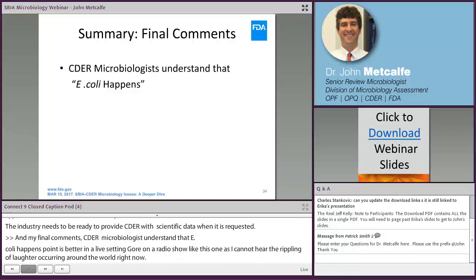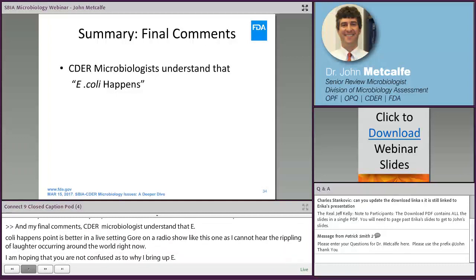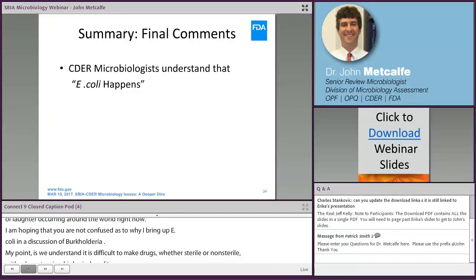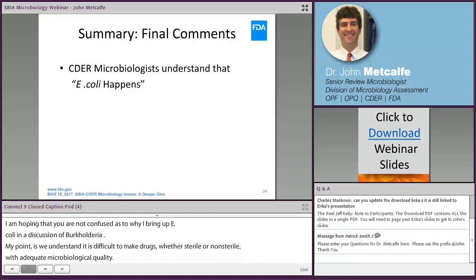But regardless, my point here is we understand it is difficult to make drugs, whether they're sterile or non-sterile, with adequate microbiological quality. When I say it's difficult, what I'm referring to is humans walk around carrying microbes. The water systems have microbes. Your raw materials have microbes.